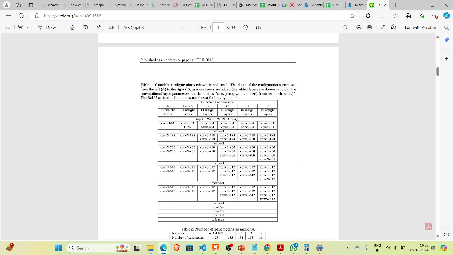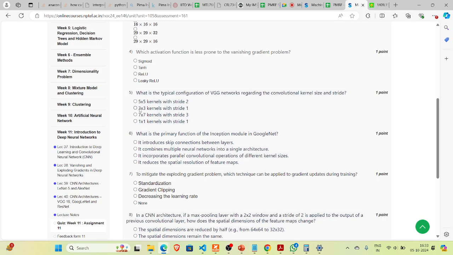So the representation, as you can see, is convolution, the receptive field size, so that is 3 cross 3. That means the filter size here is 3 cross 3, so this is the option. So the answer is this one.